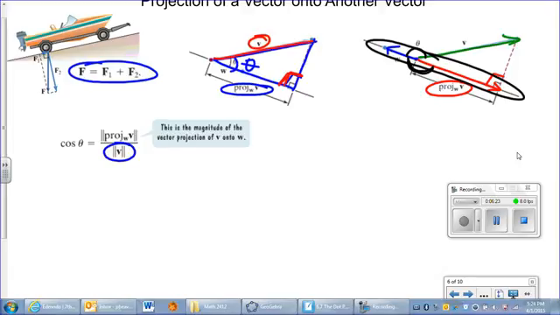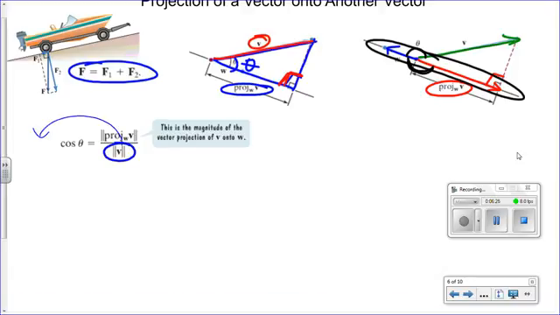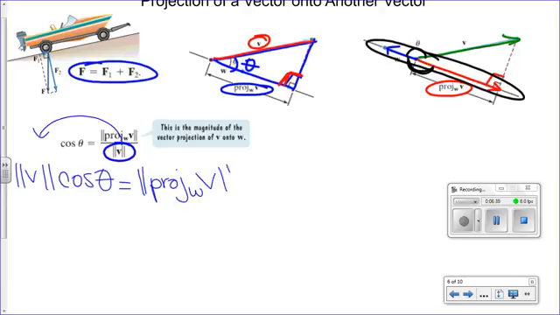Since it is dividing, once I move it across, it's going to be multiplying. So it will be the magnitude of vector V times the cosine of theta is equal to the magnitude of the projection of vector V onto W.